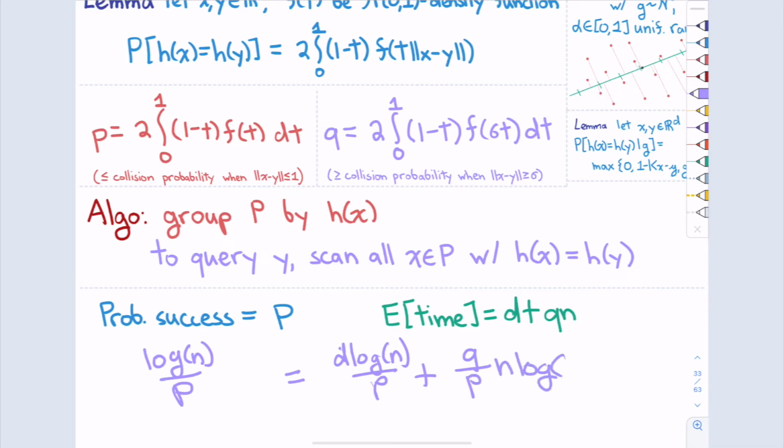Log's not so important. What I really wanted to do was draw emphasis to this q over p ratio. So overall this is unsatisfactory because q may not be small enough.